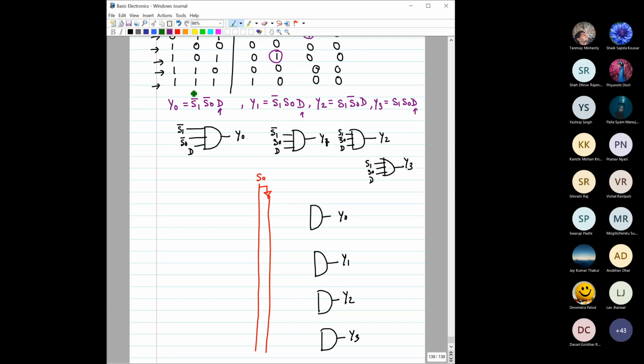And then let us take this S1 in green, S1, and this is S1 bar. Fine. Okay. Then we have the data input, that is D, right?